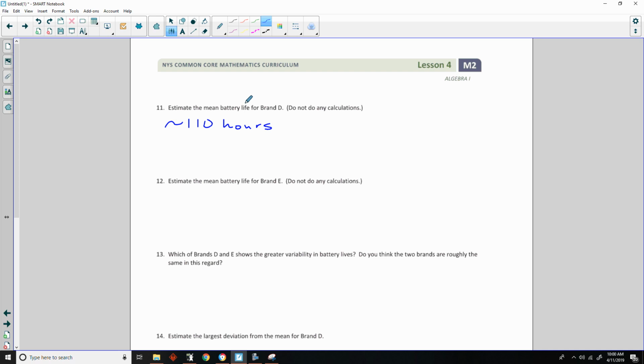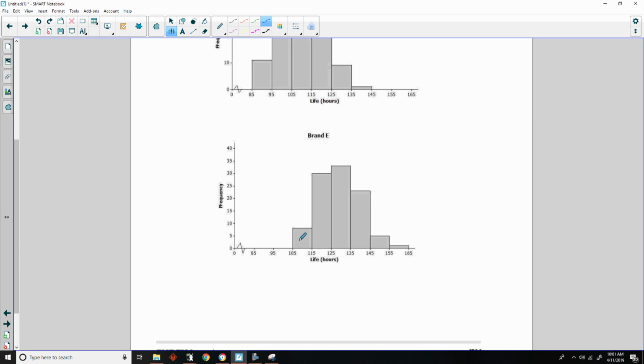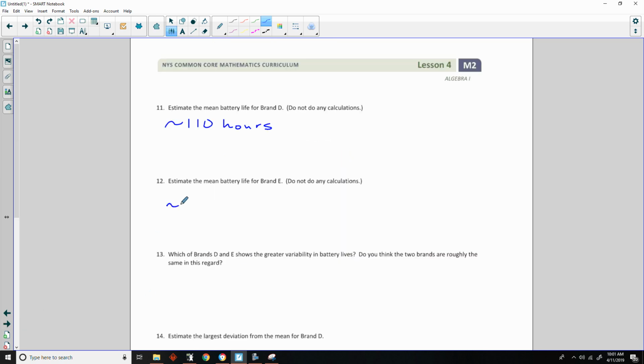So about 110 hours for brand D. Number 12 says estimate the mean battery life for brand E. Do not do any calculations. So I go back, I look at brand E, somewhat symmetrical, mound shaped, middle looks like it's about here, and that would be halfway between 125 and 135, so I'd say about 130 hours.